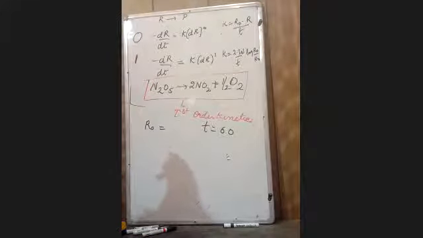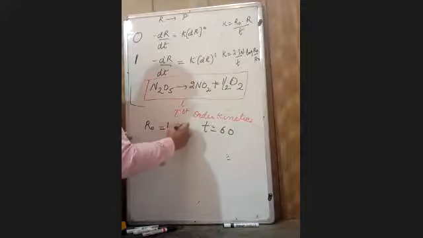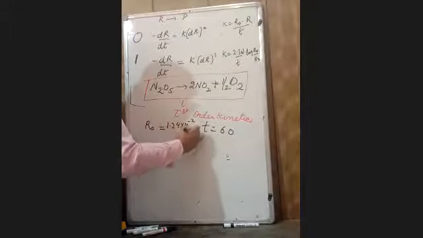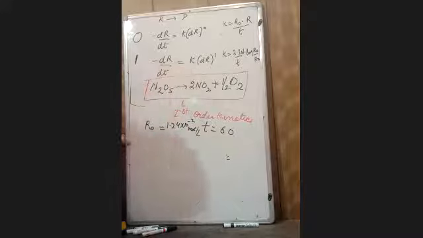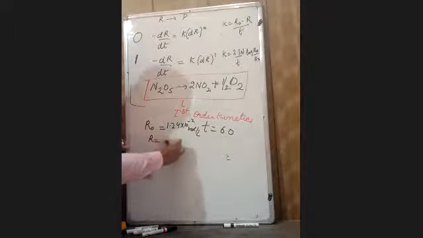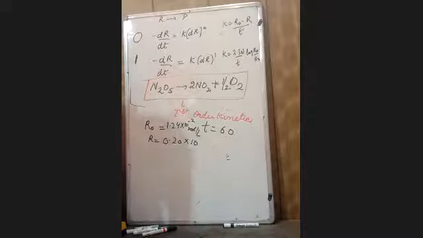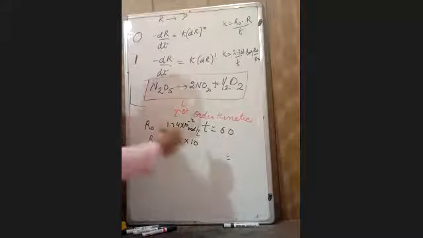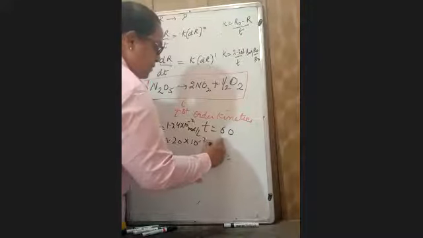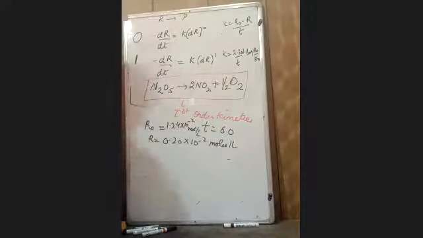At time t is equal to 0, the initial concentration is 1.24 into 10 raised to power minus 2 moles per liter. And at time t is equal to 60, the concentration R is equal to 0.20 into 10 raised to power minus 2 moles per liter.